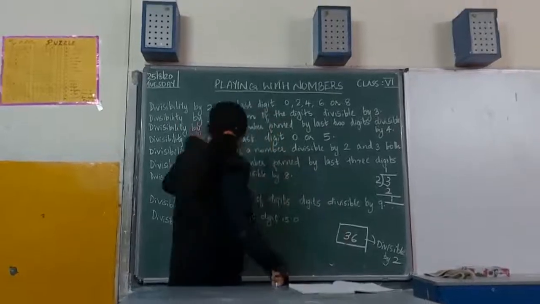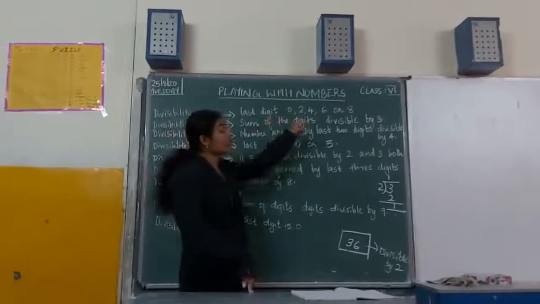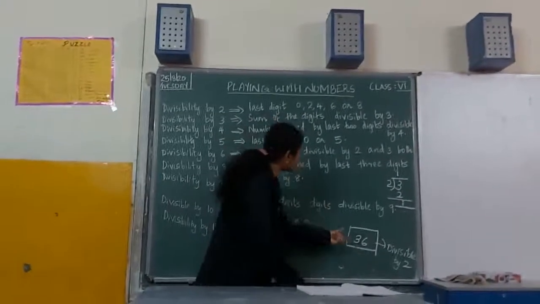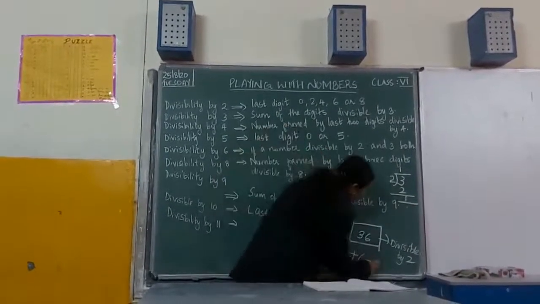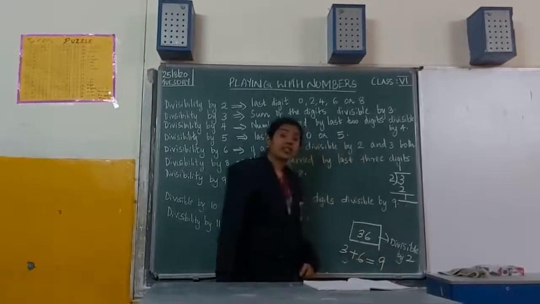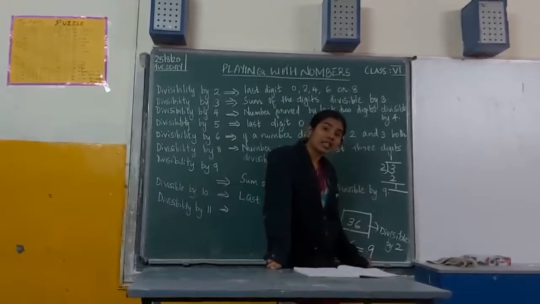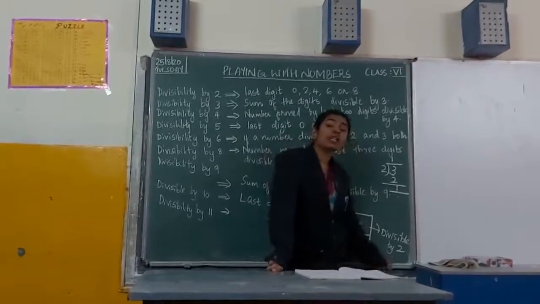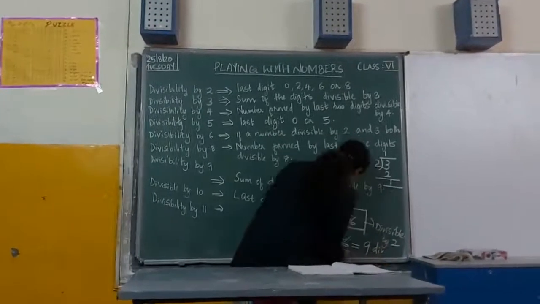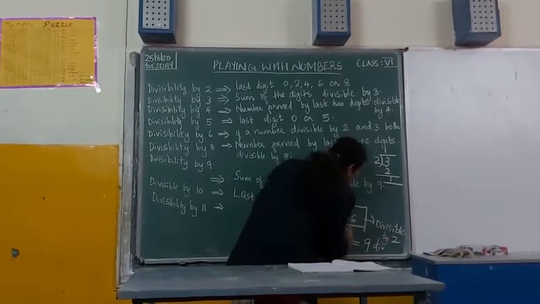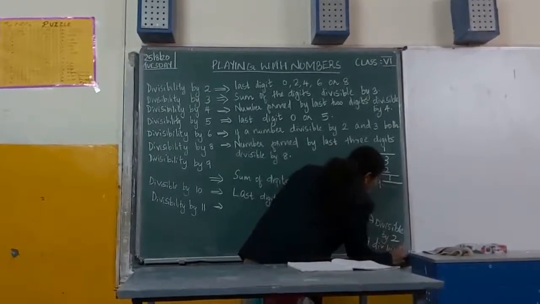How to check that? What is the rule? First of all, take the sum of the digits. What is the sum of digits? 3 plus 6, that is 9. 9 is divisible by 3, or 9 is a multiple of 3. So 36 is also divisible by 3.